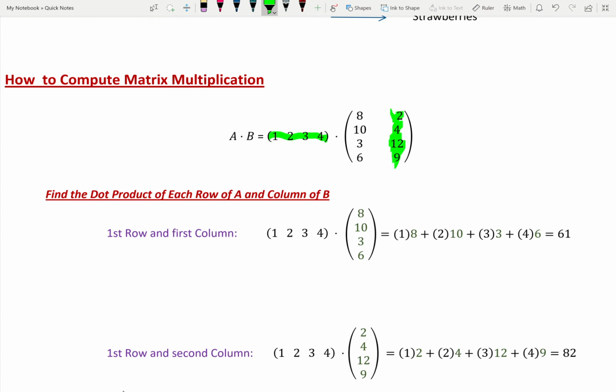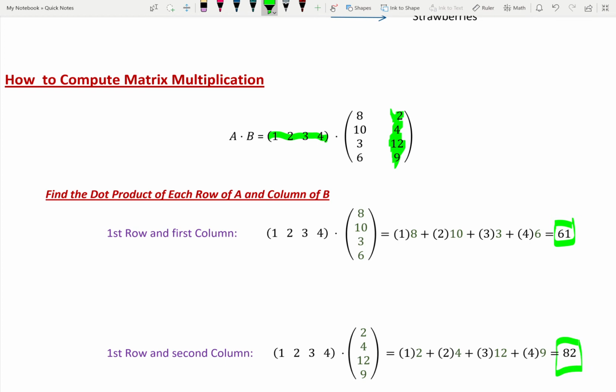So I take the first 2, multiply them together, the second 2, the third, and the last, and then I'll find their sum. This is how we compute the dot product. So the first one, we got 61. The second one, we got 82.